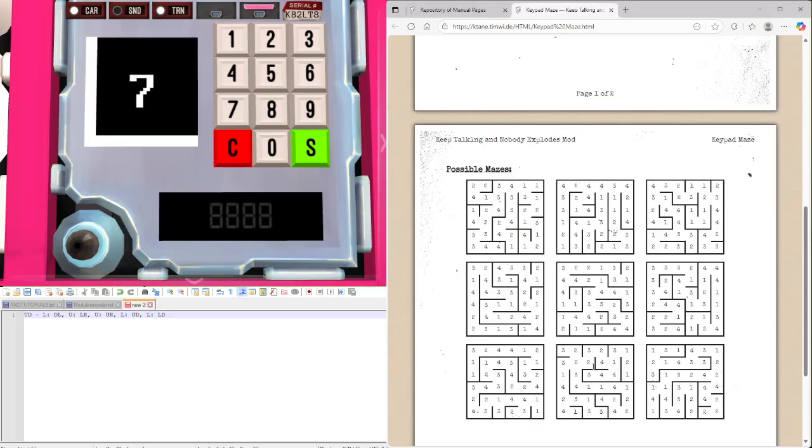It was a good round like that. Can't see what it would be.